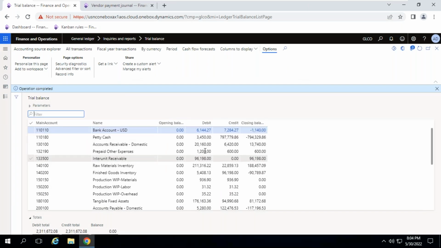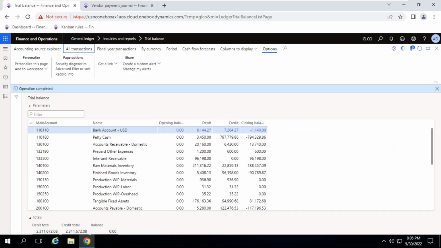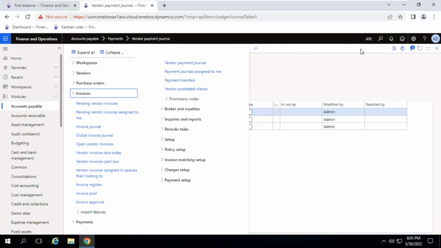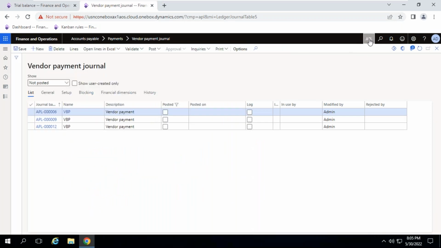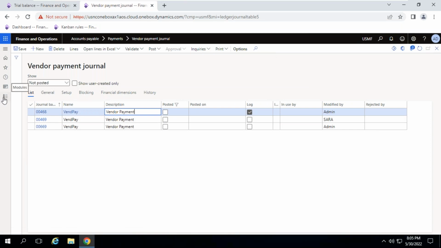USMF and DMF were updated together. Now if you are verifying the transactions, it is not showing the main account like USMF or DMF. Suppose I want USMF and DMF, then I can create one financial dimension set.